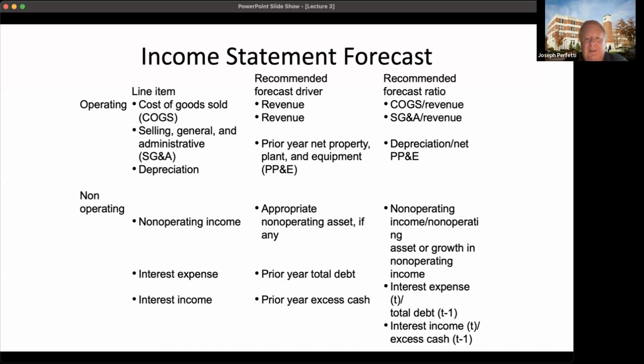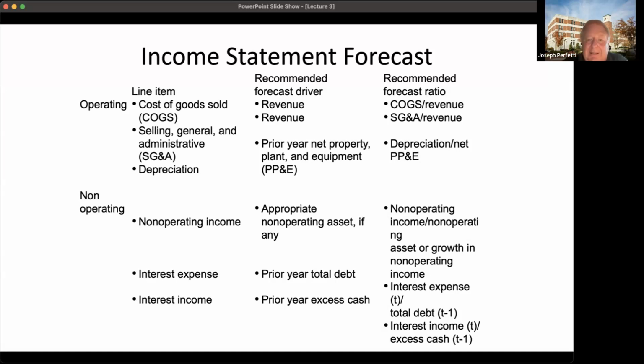And so the question is, what would drive cost of goods sold? What would drive SG&A? What would drive depreciation? Well, a driver of depreciation would be how much we spend on PP&E, because that's usually what we're depreciating. So we might think about forecasting PP&E to forecast depreciation as an example, right? And so that's the point. Like, what are the drivers that we're going to use that will forecast this?